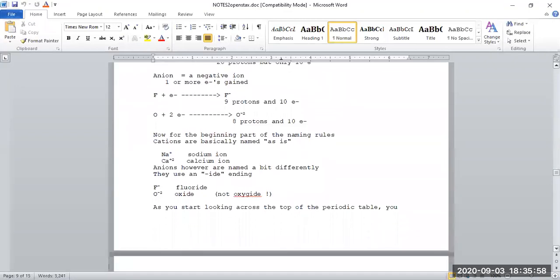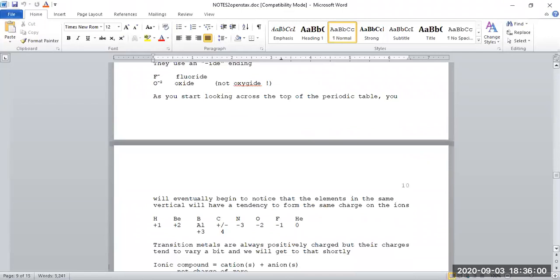So one last thing then, look at the pattern here, okay? We're ignoring all the transition elements at the moment. They're a whole separate issue. If you go from left to right across the periodic table and you skip the big gap where all the transition metals are, there's a pattern.